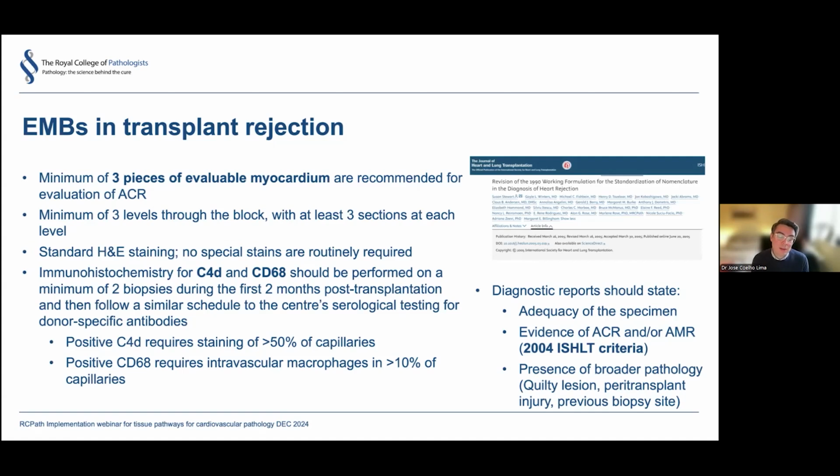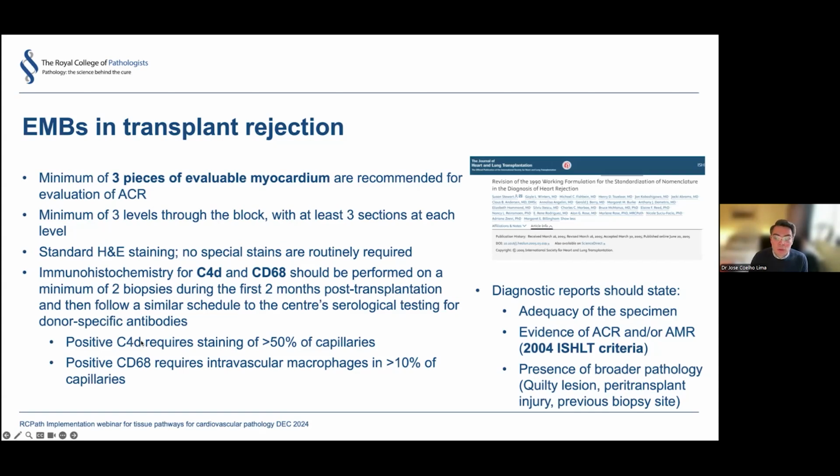The ISHLT has changed its guidance for immunohistochemistry for surveillance of antibody-mediated rejection to include C4D and CD68 on a minimum of 2 biopsies during the first 2 months post-transplantation, and then follow a similar schedule to the center's serological testing for donor-specific antibodies thereafter.